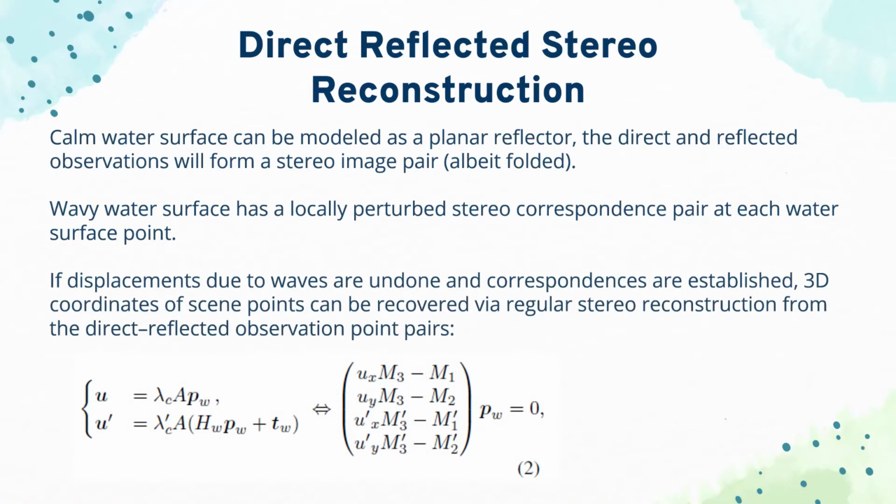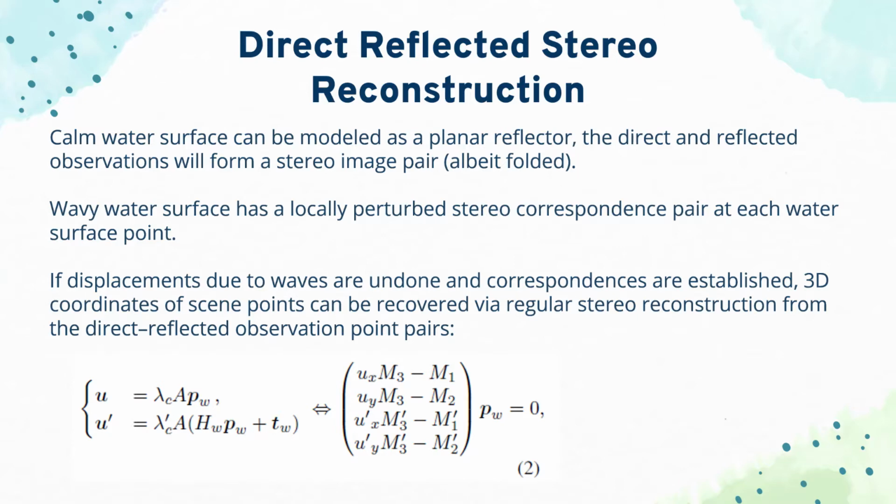For a calm water surface, it can also be modeled as a planar reflector. Once we estimate its normal, the direct and reflected observations in the image form a stereo image pair. While for a wavy water surface, the stereo correspondence pairs are locally perturbed by the varying surface normal at each water surface point.